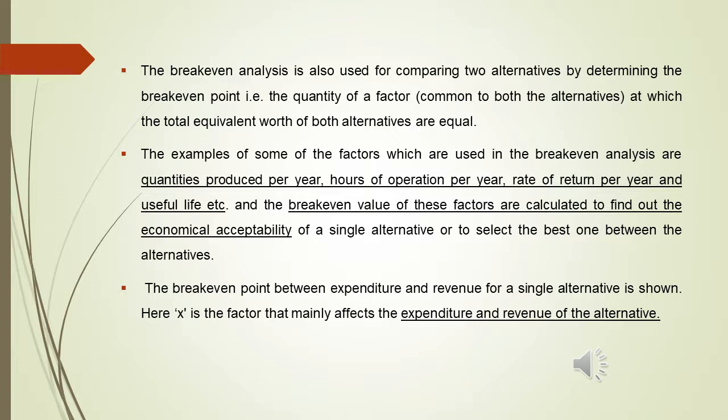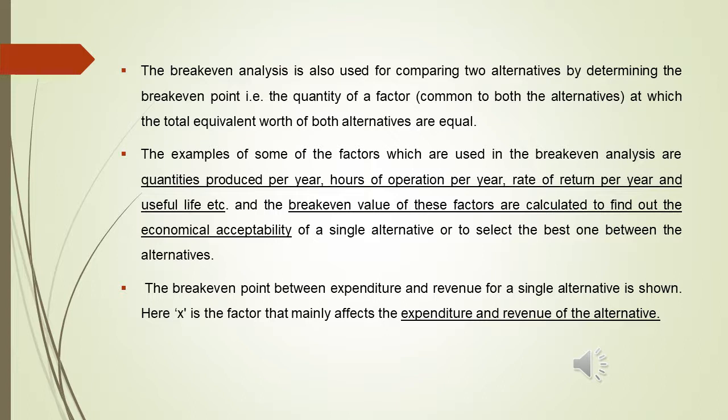You will get to know this while solving further problems. It is selected as its total equivalent worth is lesser than alternative 2. So two alternatives are there, alternative 1 and 2. I'll explain it in the problem.